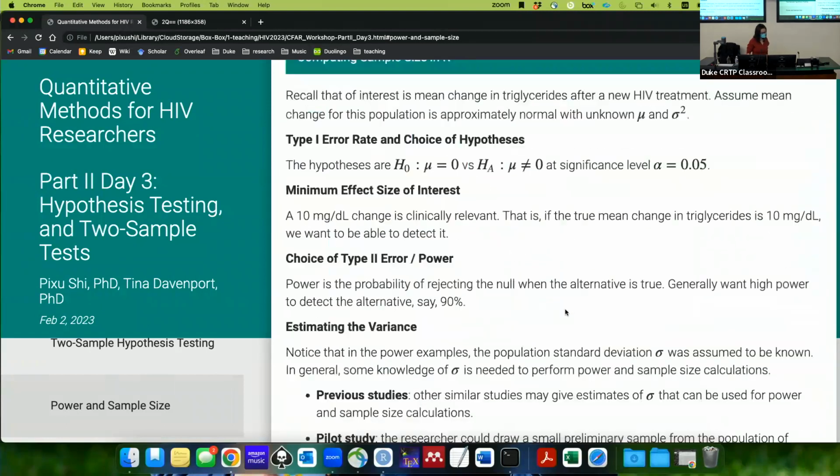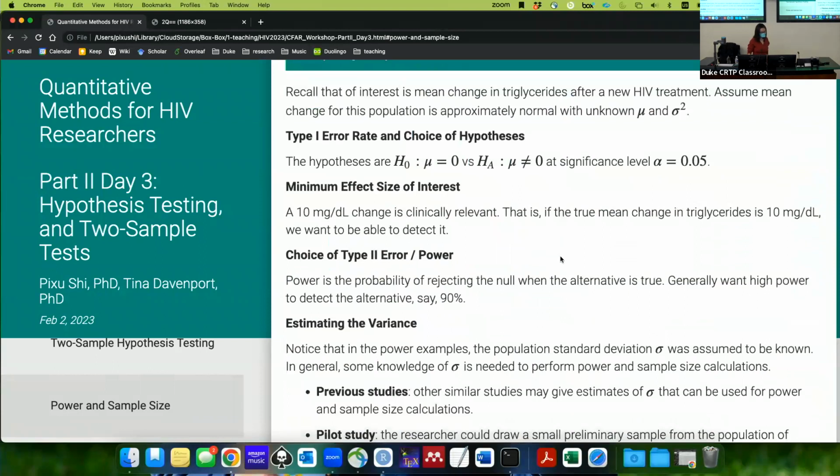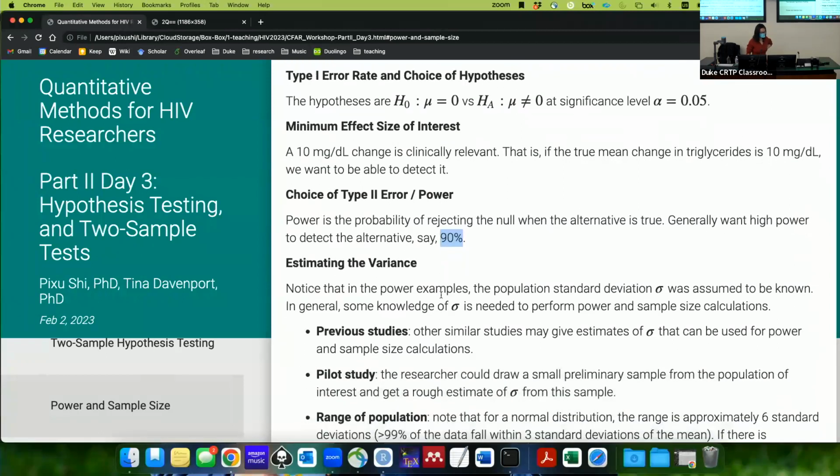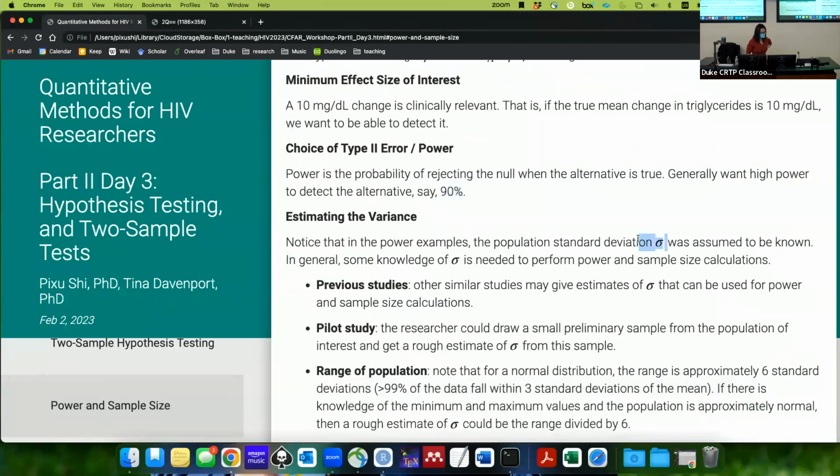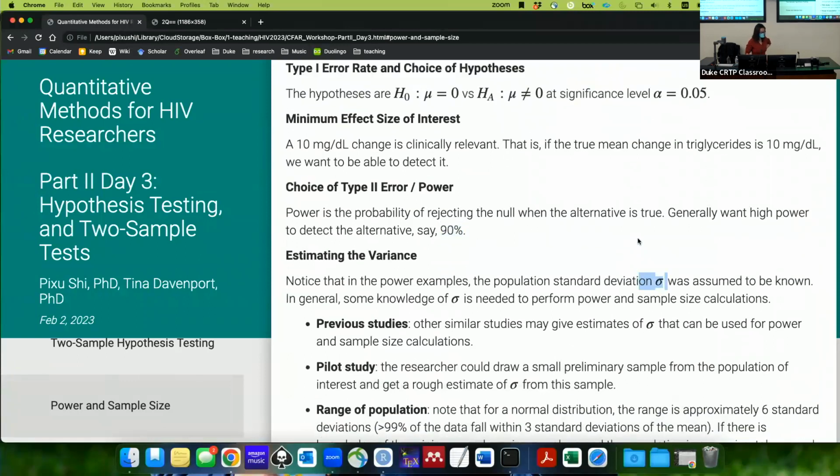So here, we are going to look at this sample size calculation for the detection of 10 unit change for triglycerides. So we are going to, for example, say we want to have a power of 90%, which is pretty large. And then the variance, this is going to be needed just like the power calculation. And sometimes it's just very hard to come up with a sigma here.